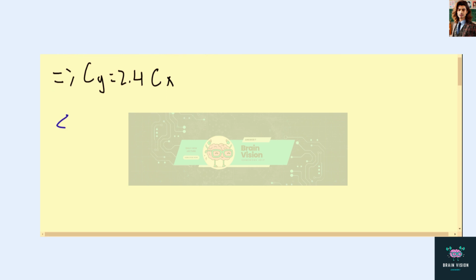And now we're going to say that the sum of forces in the y direction is equal to 0. From the free body diagram, we can say that B of y minus C of y is equal to 0, which we can write as B of y is equal to C of y.